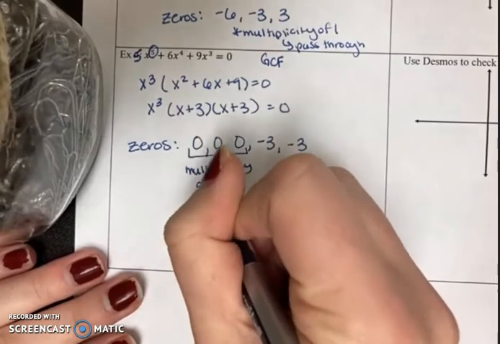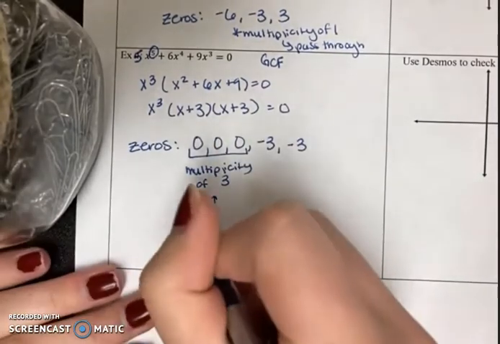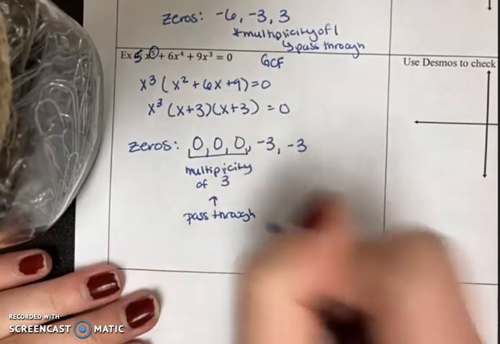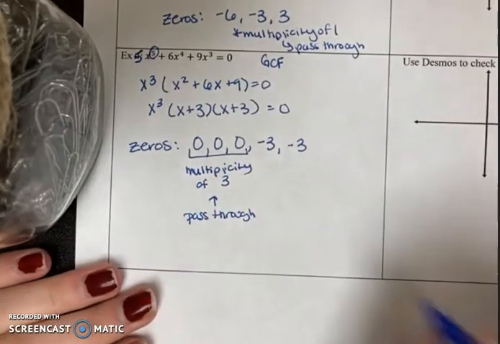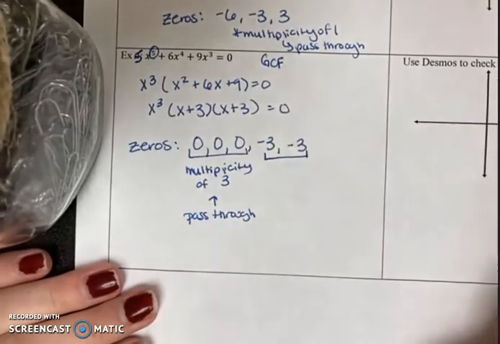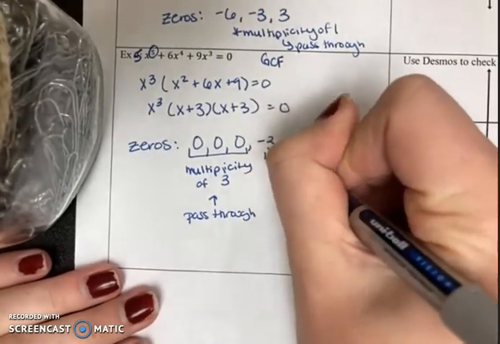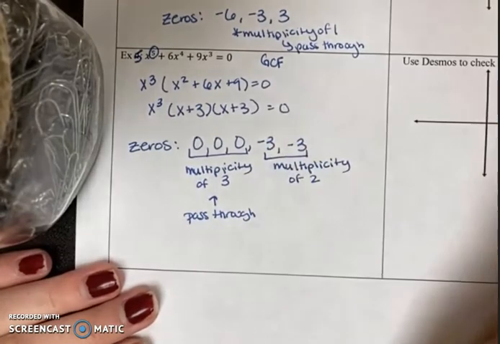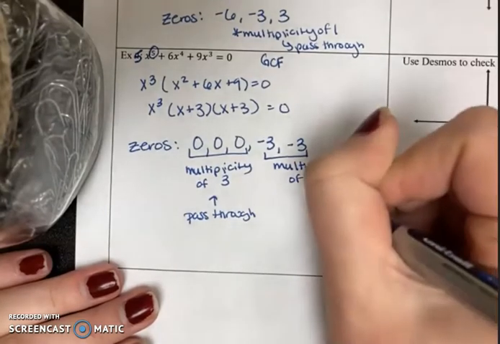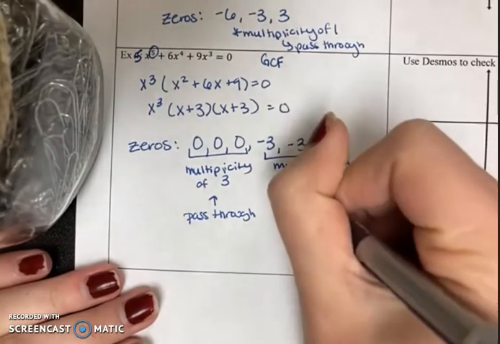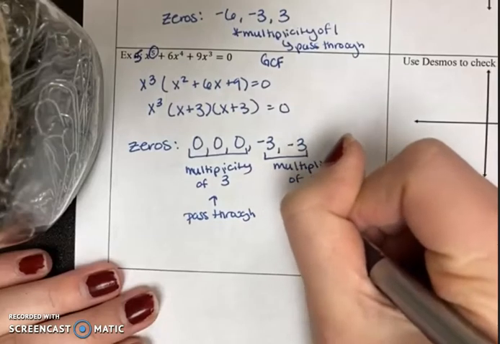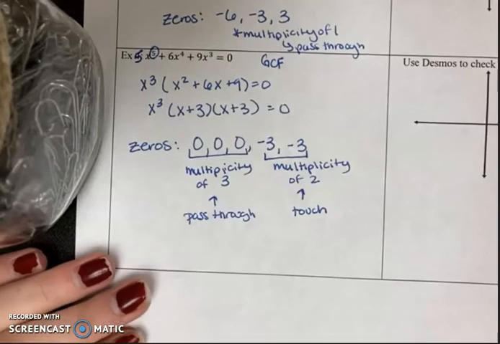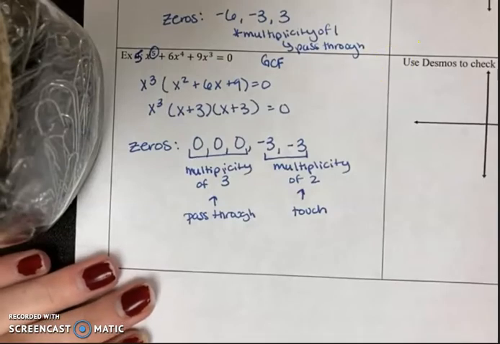So because it's odd, I know that when I see the graph, it should be passing through the x-intercept of 0. But the negative 3 has a multiplicity of 2 because it's listed twice. Because that is an even multiplicity, that means it's just going to come up and touch that x-intercept. Let's graph it in Desmos and see if this holds true.